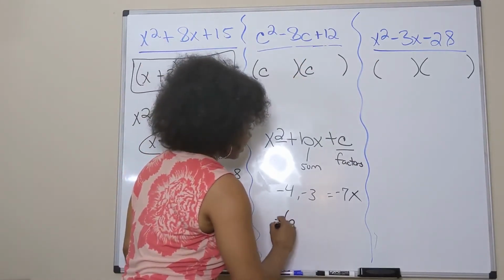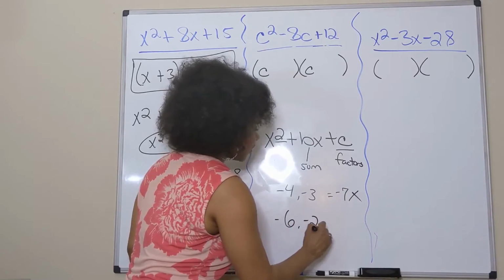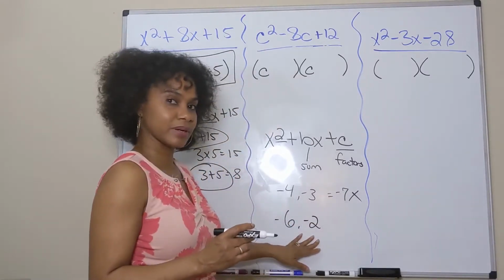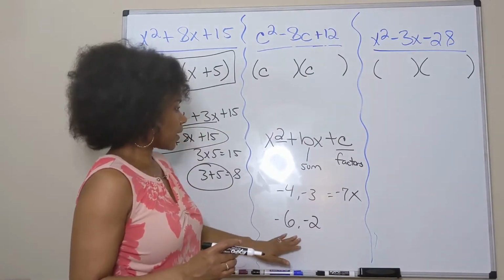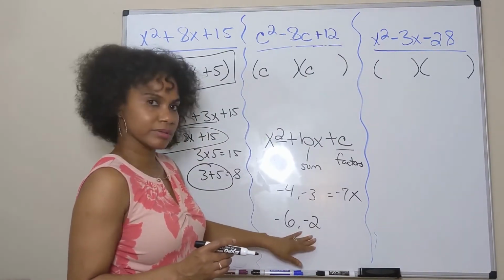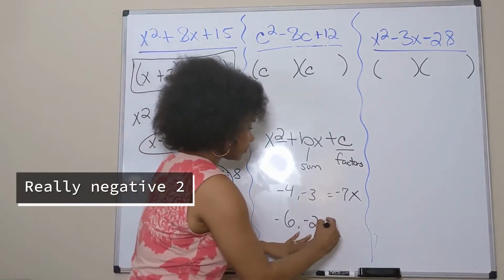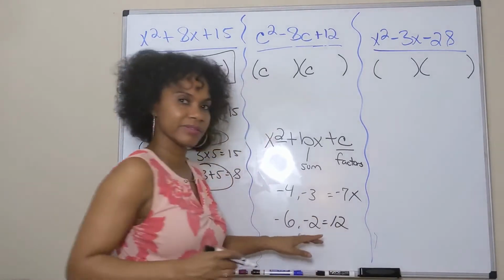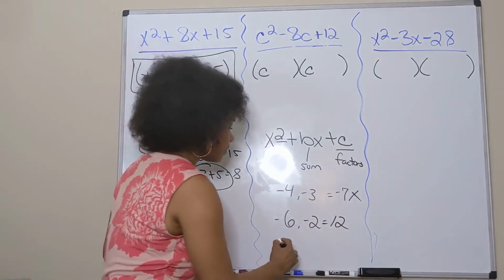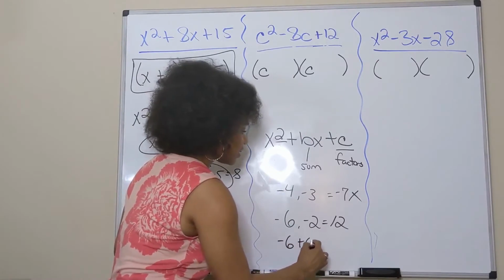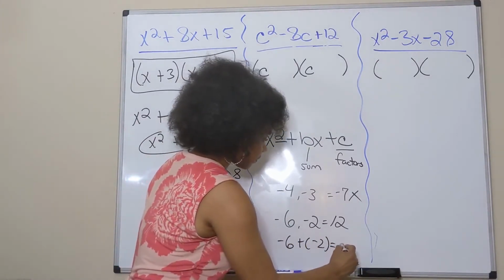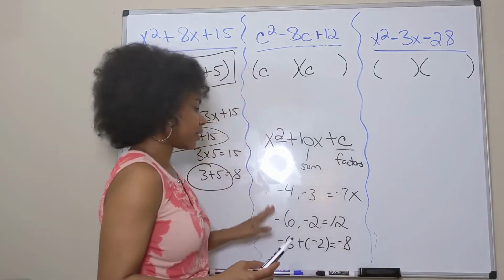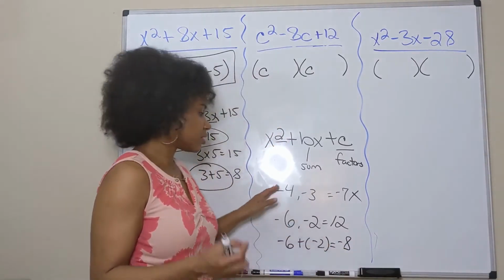They both have to be negative, because when I multiply, I want to get a positive 12. So negative 6 times negative 2 gives me positive 12, right? But when I add them, negative 6 plus negative 2, that does in fact give me negative 8.